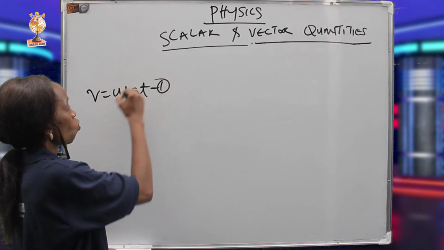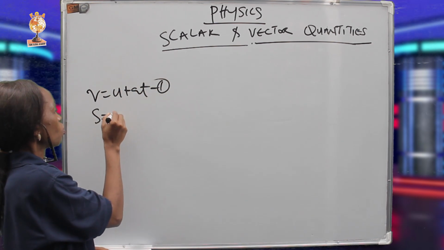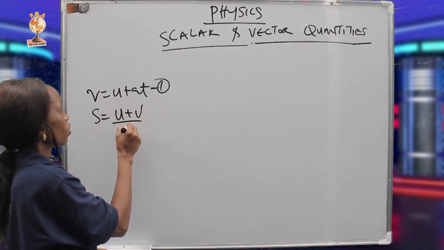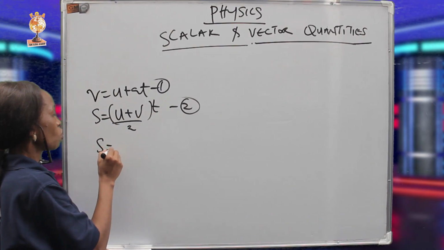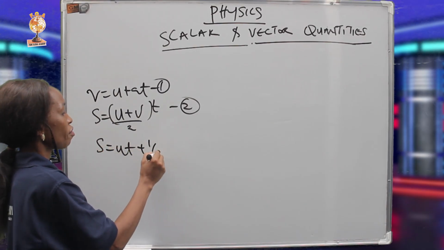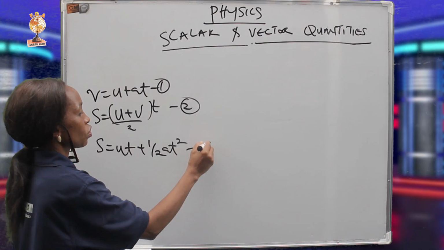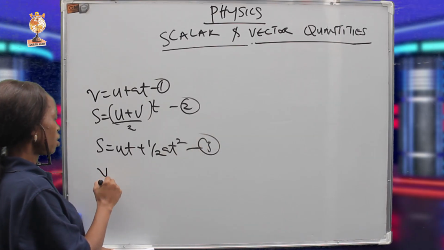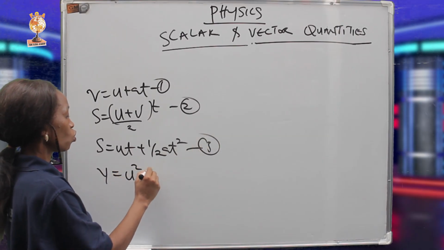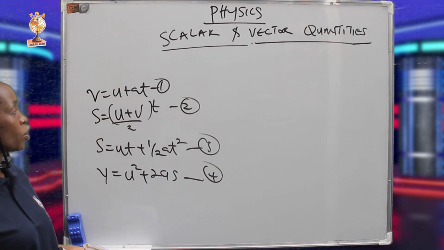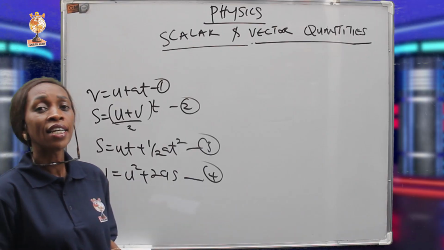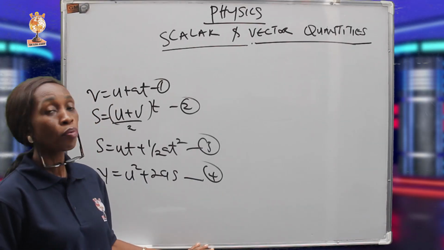Equation 2: s equals u plus v all over 2. Equation 3: s equals ut plus half at squared. Equation 4: v squared equals u squared plus 2as. And these are the four equations of motion, and we use these equations to solve problems.